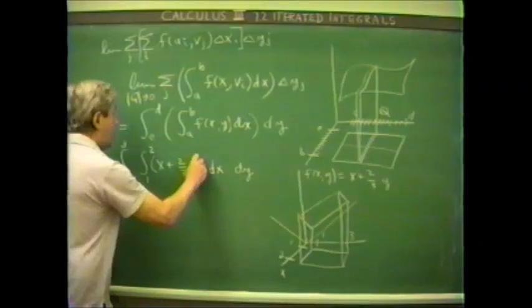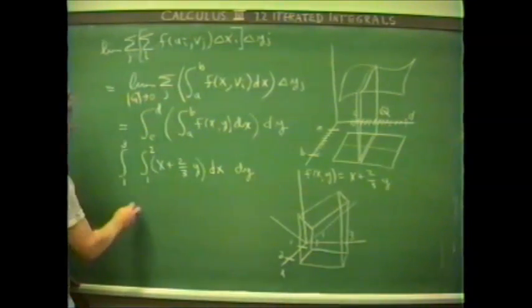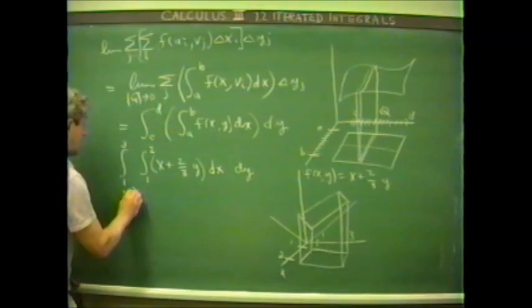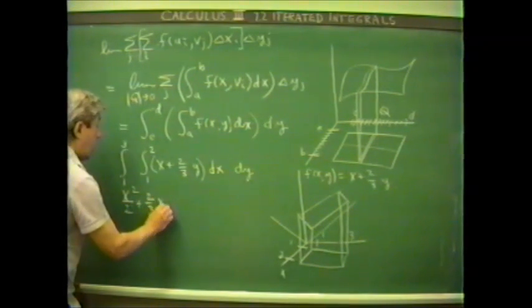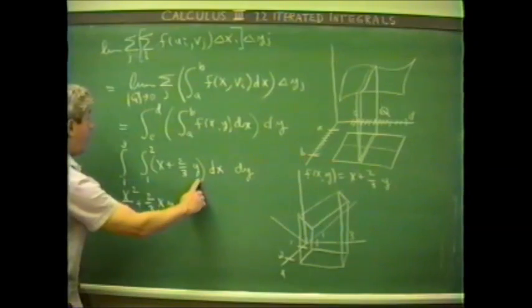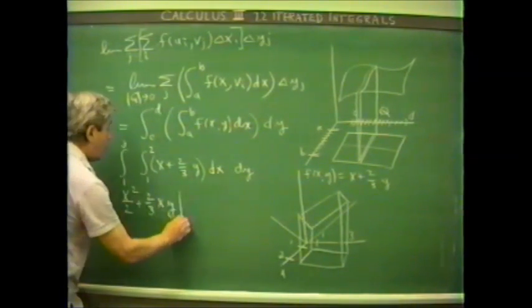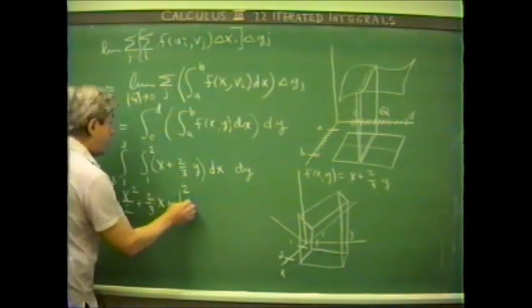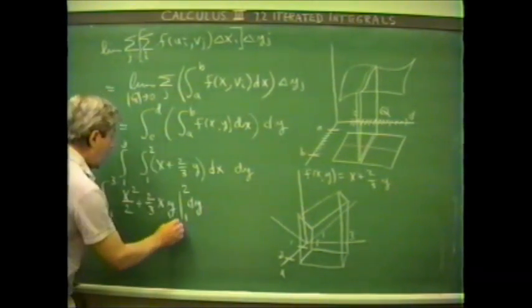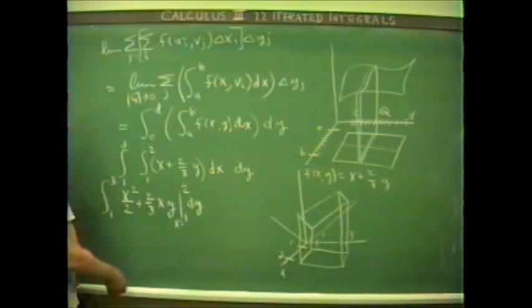All right, at any rate, we wanted to integrate this with respect to x. So fixing y, an antiderivative of this with respect to x is going to be x squared over 2 plus 2/3 xy. Y is fixed here, so an antiderivative of this is going to be 2/3 x times y. We want to evaluate that from 1 to 2, and then integrate from 1 to 3 with respect to y. And by evaluating this from 1 to 2, we mean evaluate it from x equals 1 to x equals 2.